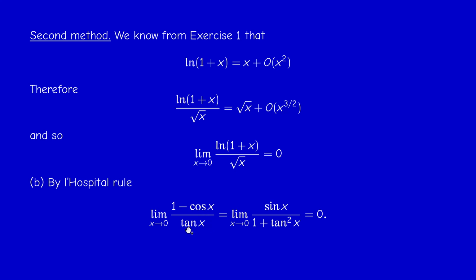Try to expand tangent x near 0 just up to order 3. It's enough. So just compute the first, second, third derivative, or just the second derivative is okay actually, right? So try to do it as an exercise. But here, of course, the limit is simpler.